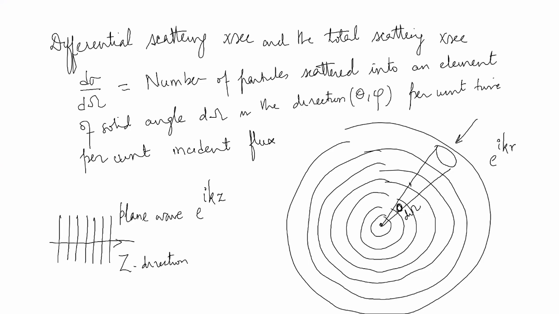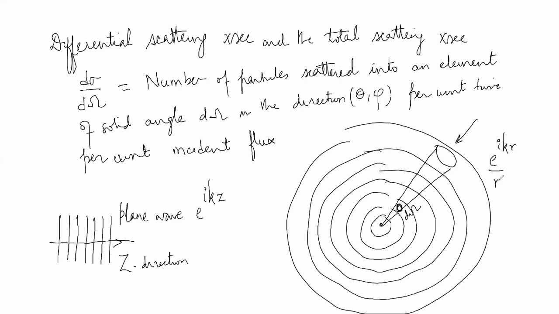As we move away and away from the scattering center, the intensity of the scattered wave will keep on decreasing. Suppose here I am measuring 5 scattered particles. If we move farther away, the number of scattered particles will be less, and so on. That means they follow the inverse square law.